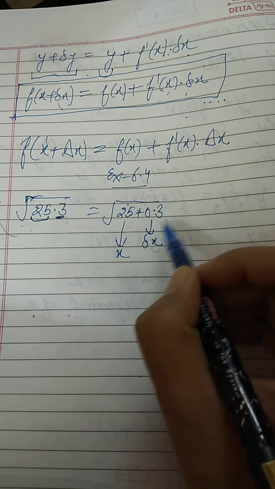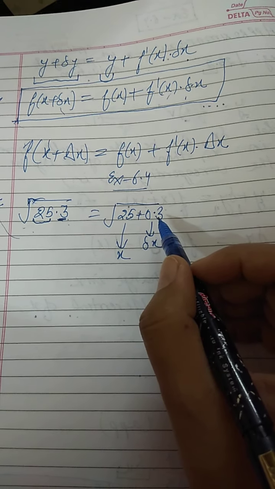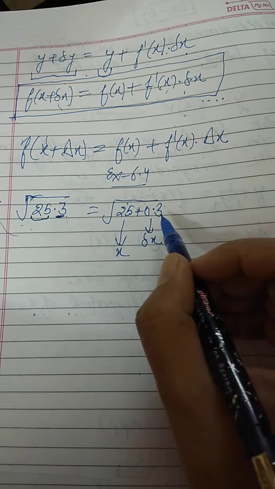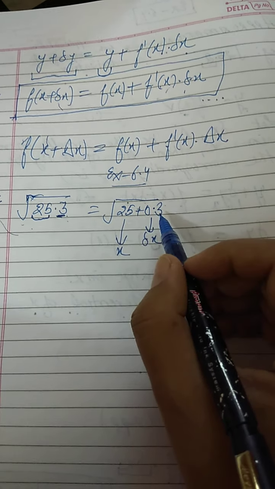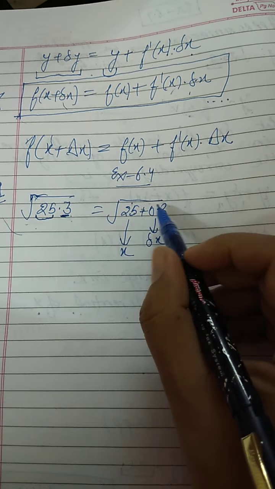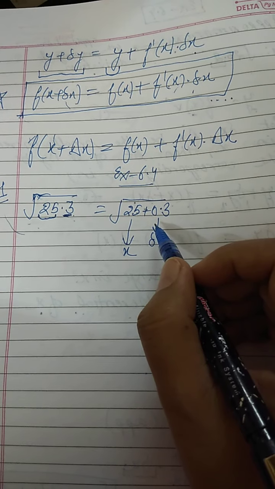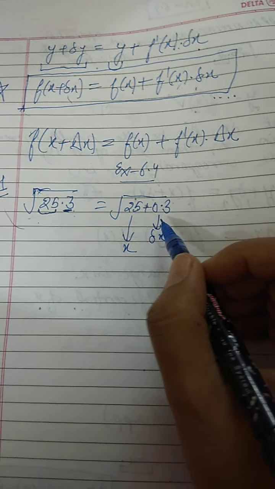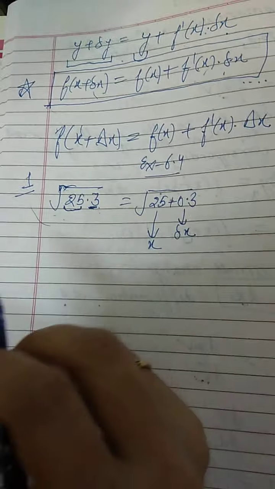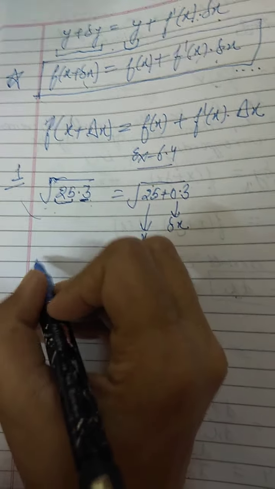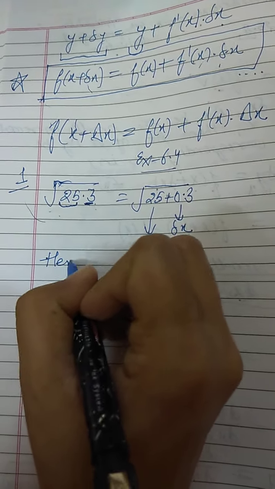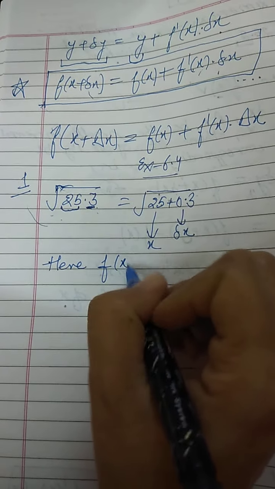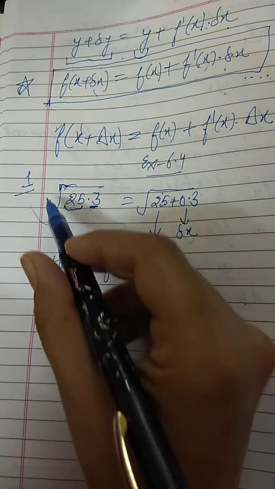And remember, this delta x should be very, very small as compared to x. It cannot be very close to x, it cannot be more than x, because it is a small change in x, and small change should be small only, right? So this thing is done. Now we will write down what the function is here. What kind of function do we have?